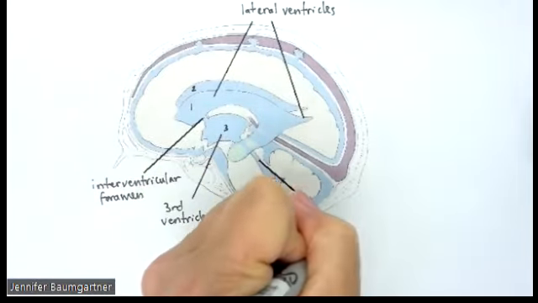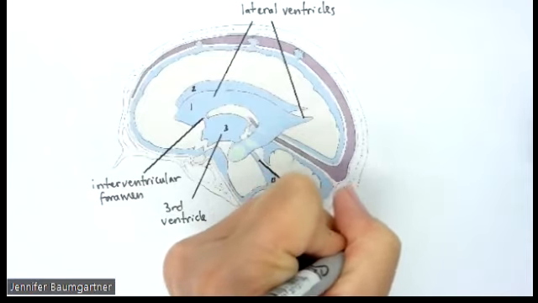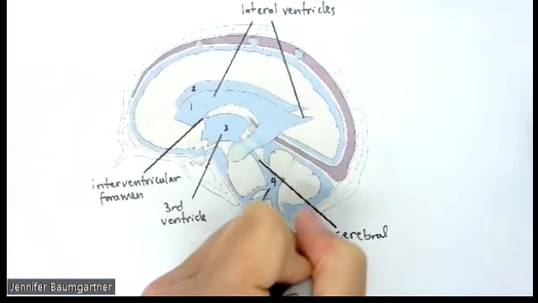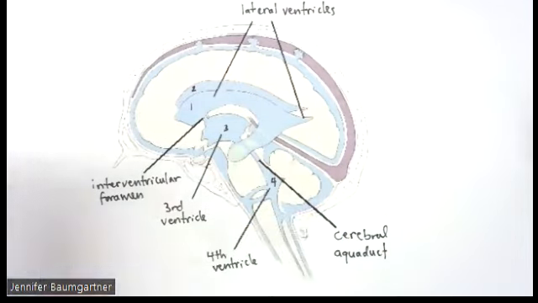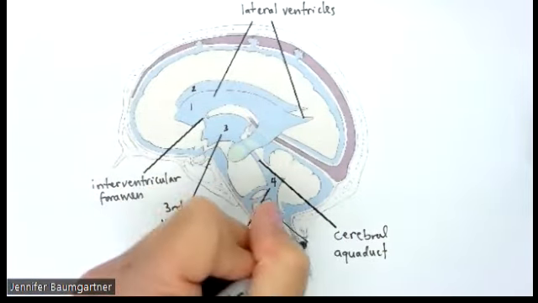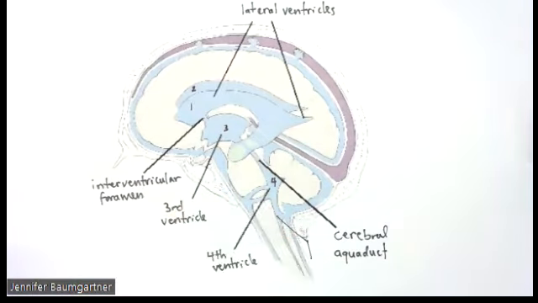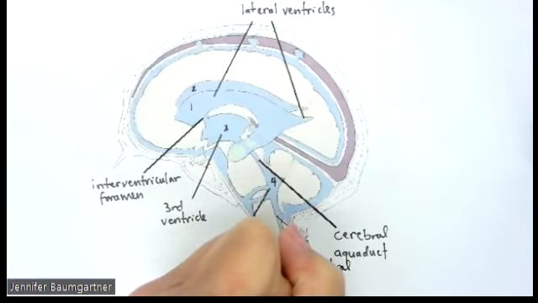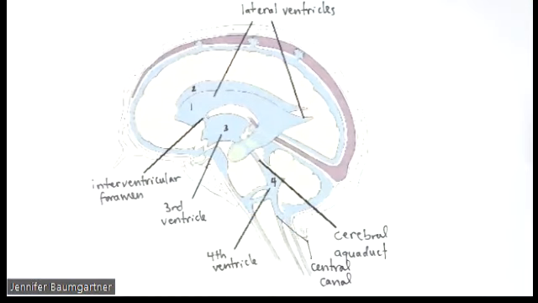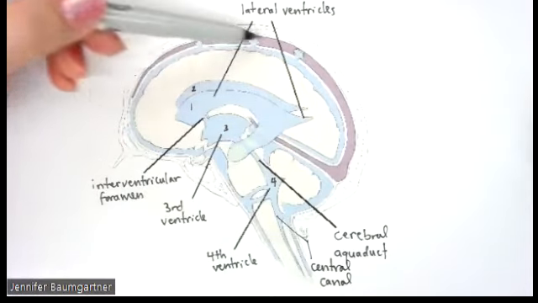And leading away from the ventricles, around the spinal column, is the central canal. And you can see here too that it extends around the outside of the brain.